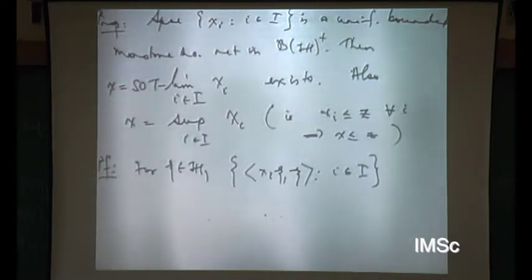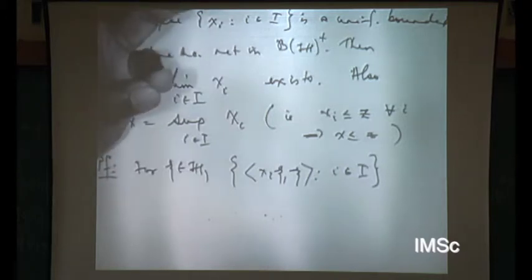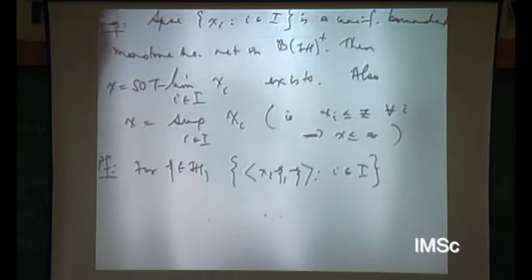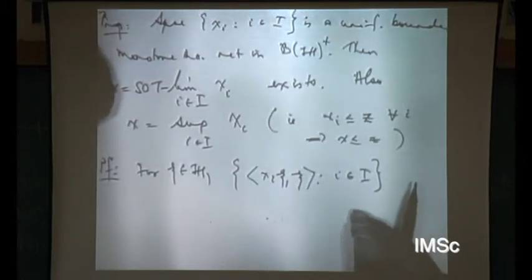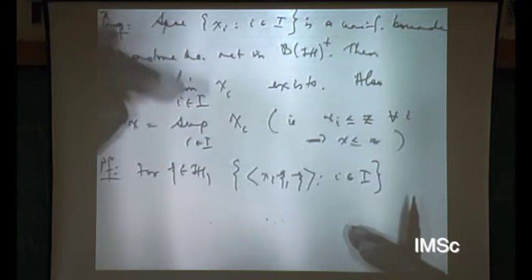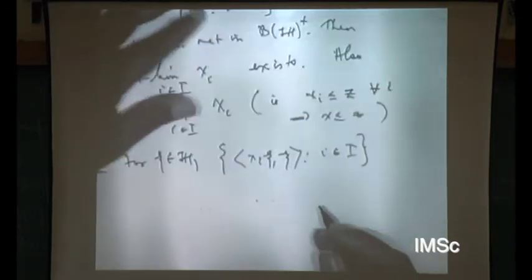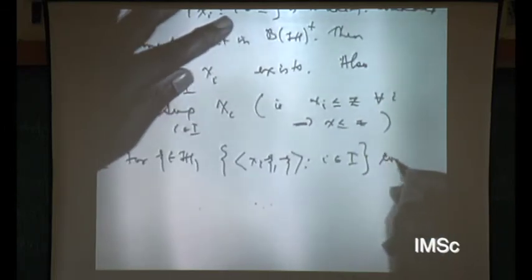This is increasing. By definition of operator T1 minus T2, it is a monotone increasing net and further bounded. Right? There is a bounded increasing net of positive numbers, and so it must converge in R plus.